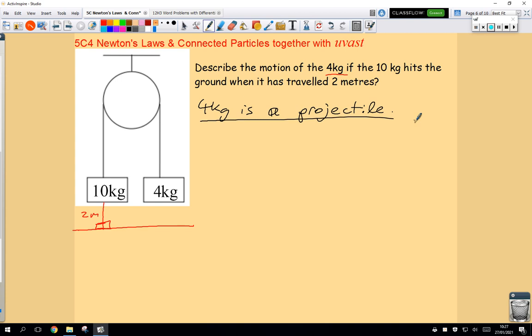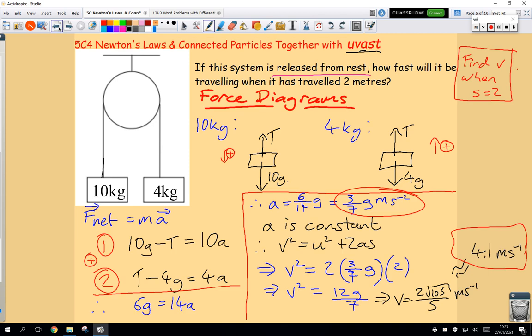It's a projectile, traveling vertically upwards under gravity. Its initial speed in this phase, once the 10 kilogram particle hits the ground, will be the final speed after the previous phase where it traveled through 2 meters.